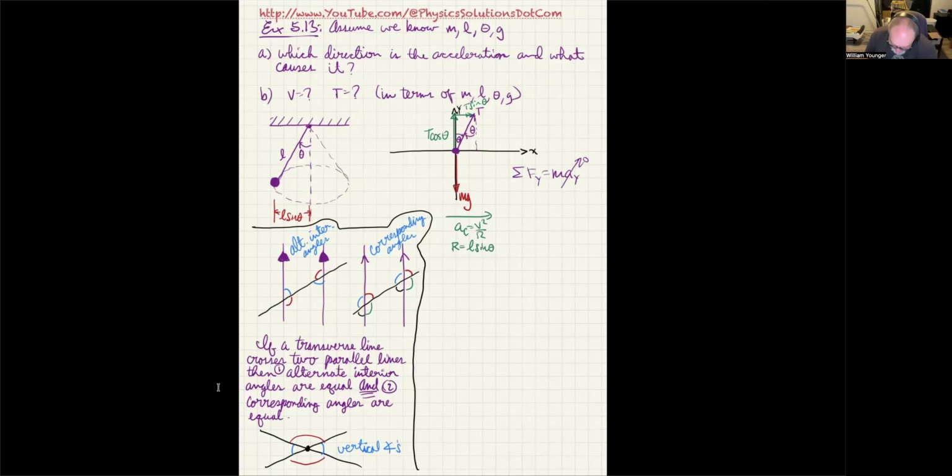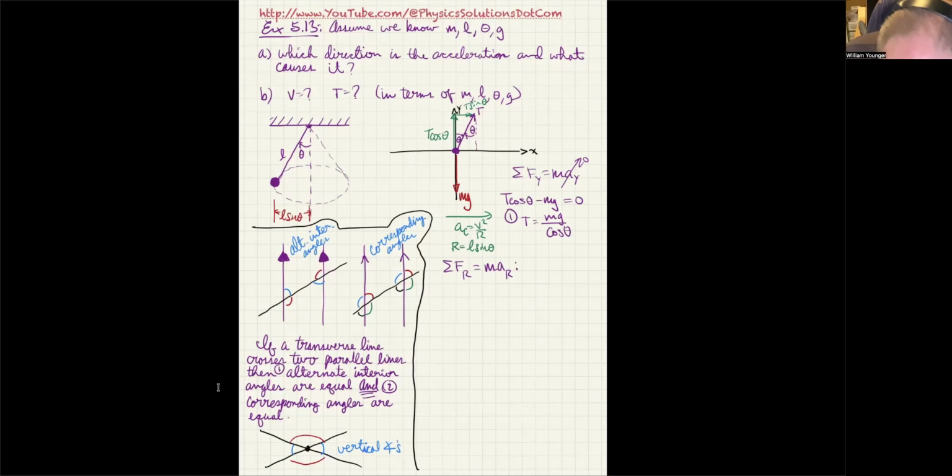Okay, so now I can write the summation of forces in the y direction equals mass times acceleration, and for that I basically get T cosine theta, which is the vertical upward force, minus mg, which is the vertical downward force, and I did minus because it's plus a negative, and that's equal to zero. So again, I get T is equal to mg over cosine theta, and I'll just call that equation 1, so that might come in handy. Now I'm going to take the summation of the forces in the radial direction is equal to mass times acceleration in the radial direction.